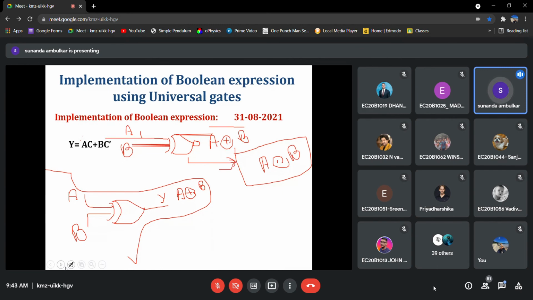So these are the different simple logic gates. We have considered the exclusive OR and exclusive NOR too.